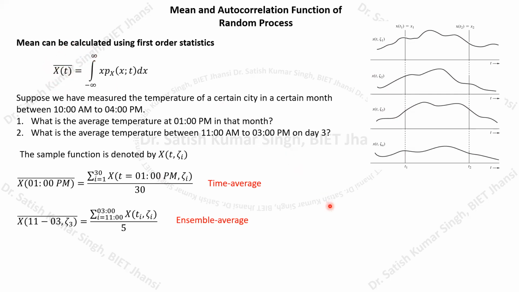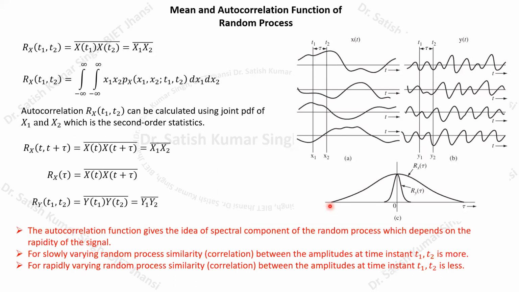So similarly, we can also have the autocorrelation function. Here you can see how to calculate it. We have to correlate a signal. Autocorrelation means we have to correlate the amplitude of a particular sample function at two different instants of time.